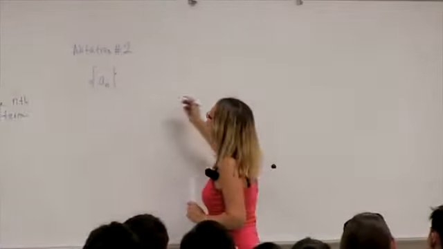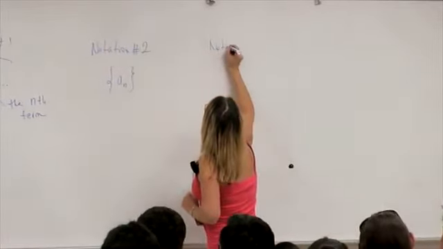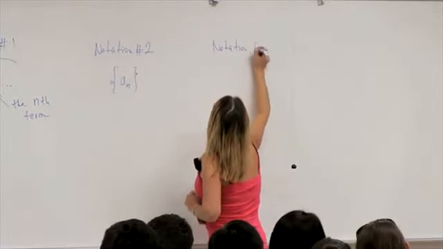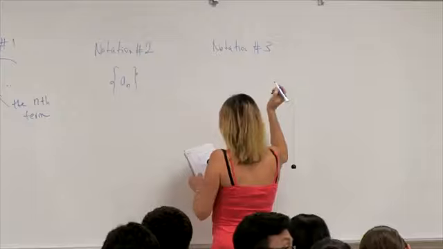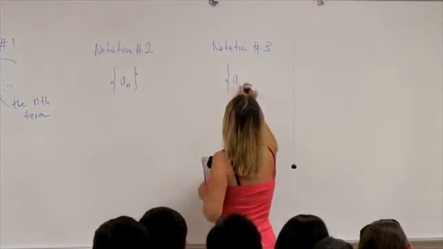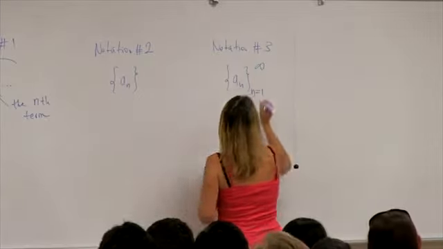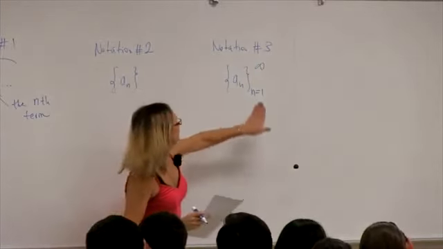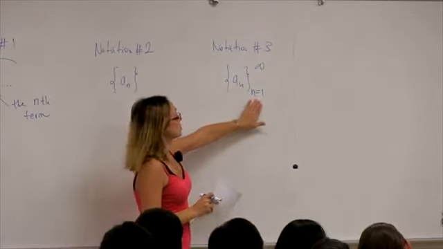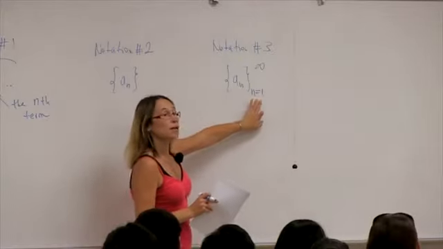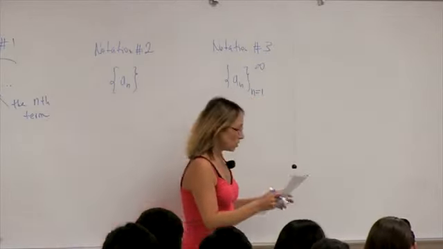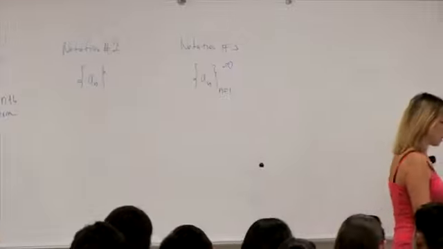So this is a shorthand notation. And notation number three is this: {an} with n going from 1 to infinity. So the subscript tells you where n starts, usually at 1, sometimes at 0. And it goes all the way up to infinity.